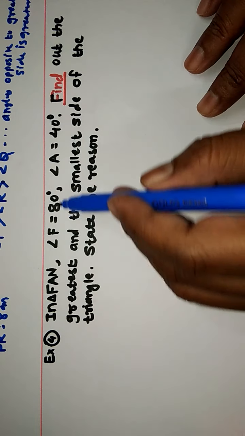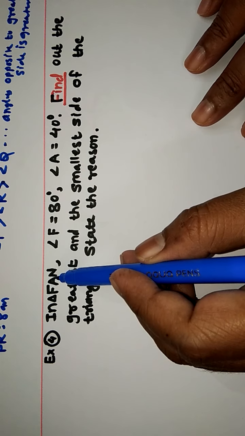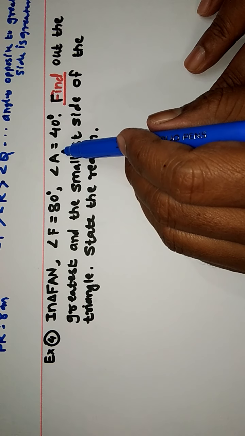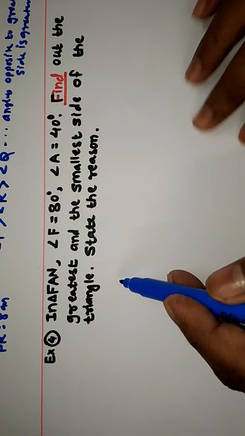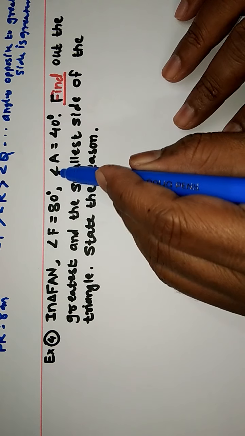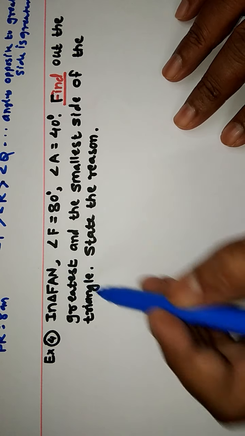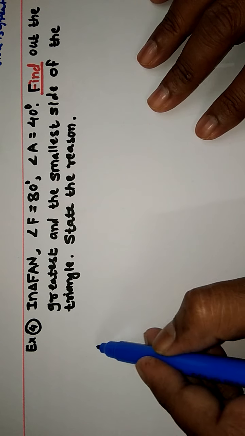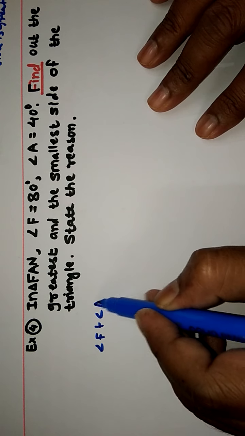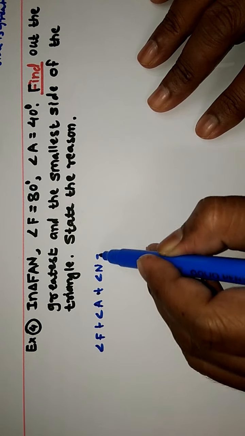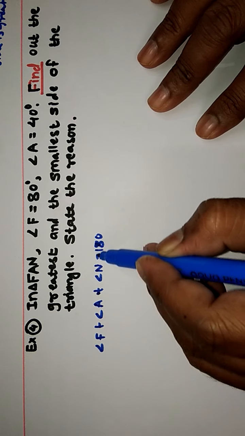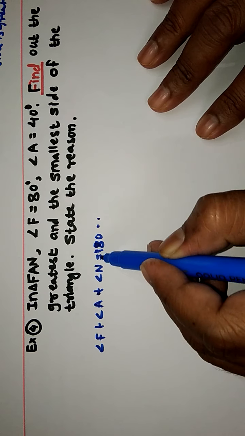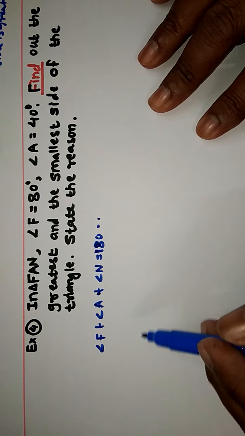In this example, triangle FAN is given. Two angles are given. Find out the greatest and smallest side. First find the third angle N. How can we find the third angle? Here angle F plus angle A plus angle N is equal to 180, the sum of measures of angles of a triangle.